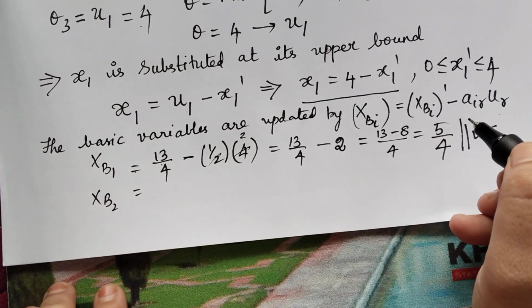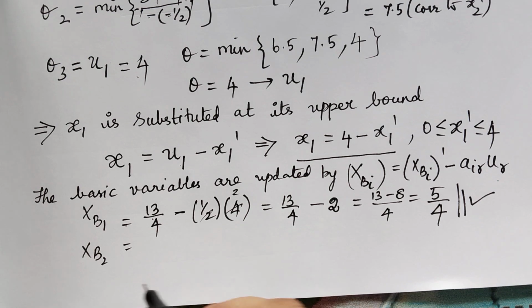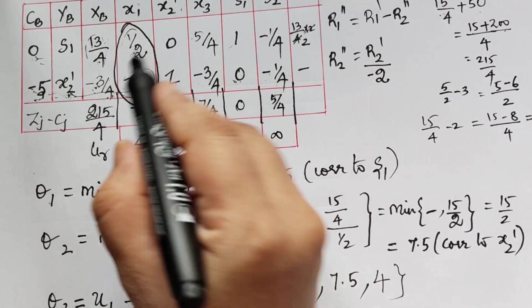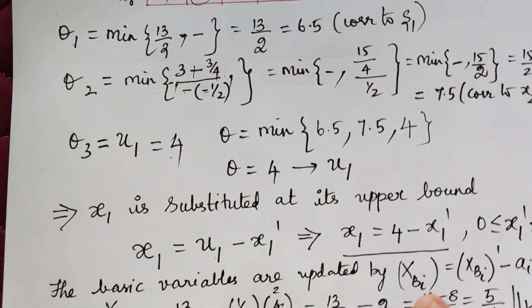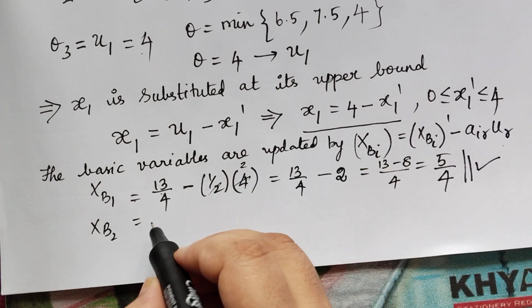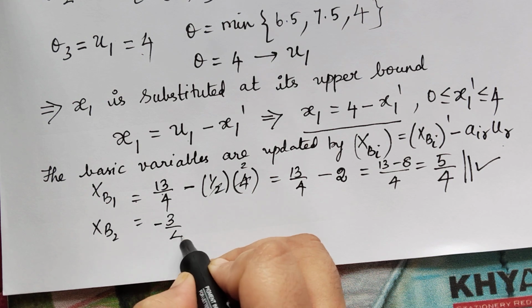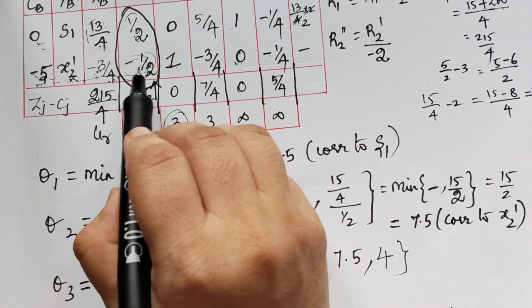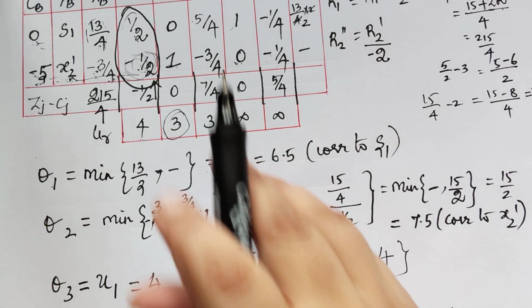Similarly, the next one we have to do is xb2. The previous one is minus 3 by 4, so that has to be updated. So it will be minus 3 by 4 minus of the corresponding value of the entering vector, minus 1 by 2.